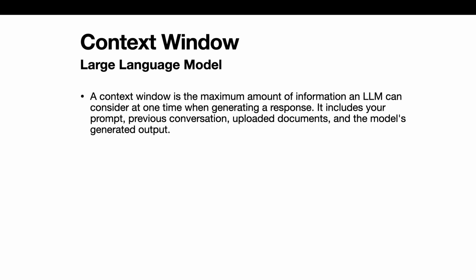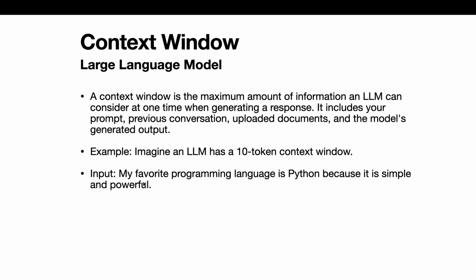A context window is the maximum amount of information an LLM can consider at one time when generating a response. It includes your prompt, previous conversation, uploaded documents, and the model's generated output. Example: imagine an LLM has a 10 token context window, and you have this input: My favorite programming language is Python because it is simple and powerful.